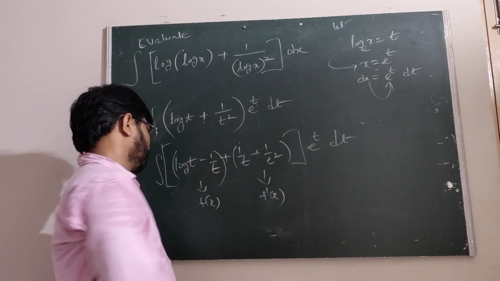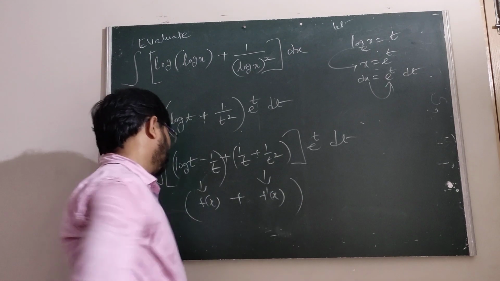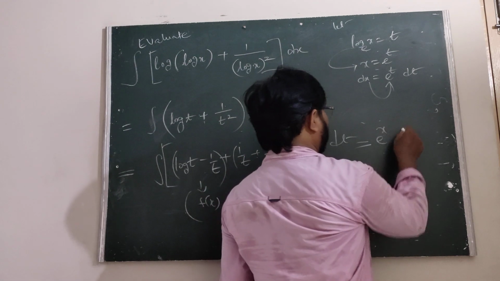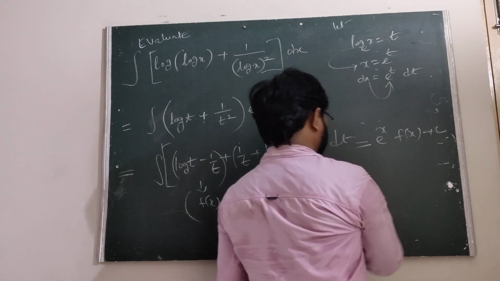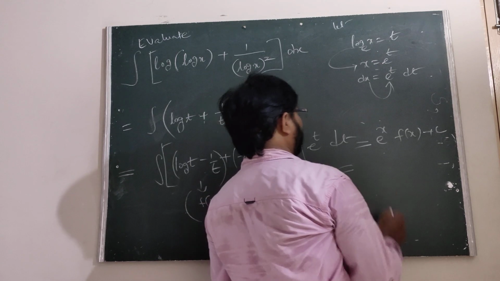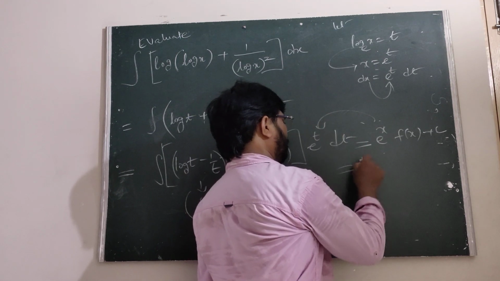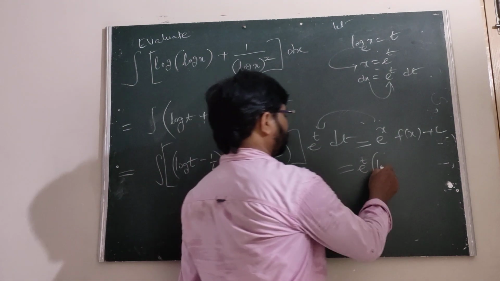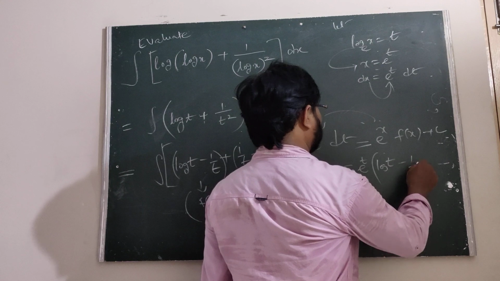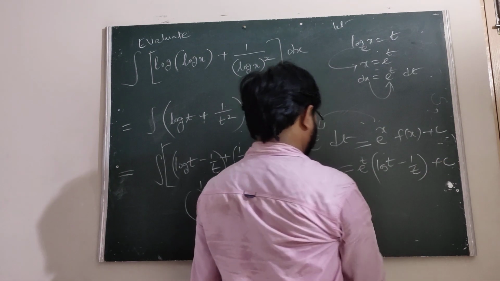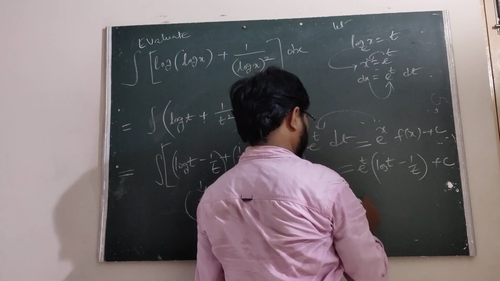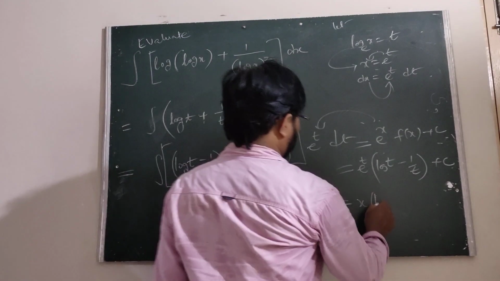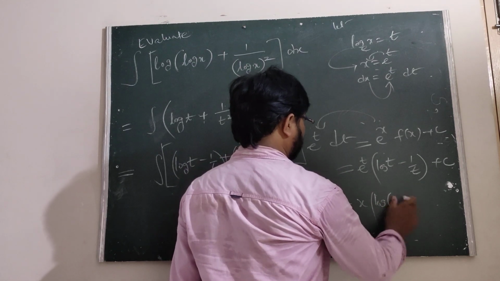We know that the integral of e power x into f of x plus f dash of x is e power x f of x plus c. Here e power x is e power t, and f of x is log of t minus 1 by t, plus c. The e power t is x, log of t is log x, and t is the log x.